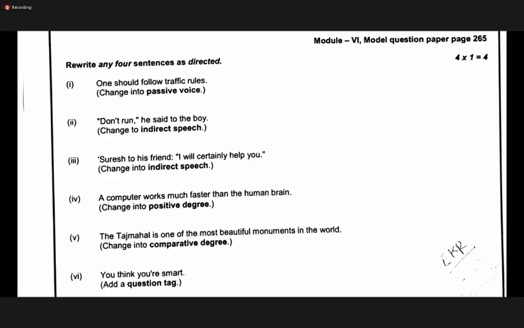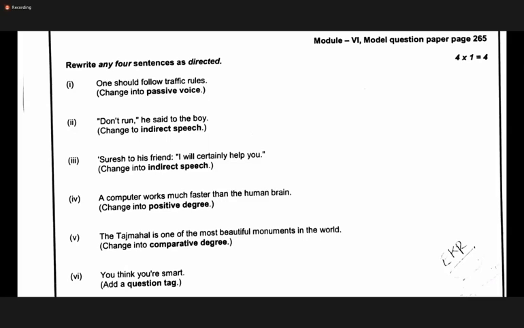In language, to communicate our ideas, we have four types of sentences: statements, questions, imperatives, and exclamatory sentences. The speaker's sentence is usually one of these four types. So first you have to observe the type of sentence present within the inverted commas. Here the type of sentence is an imperative sentence.